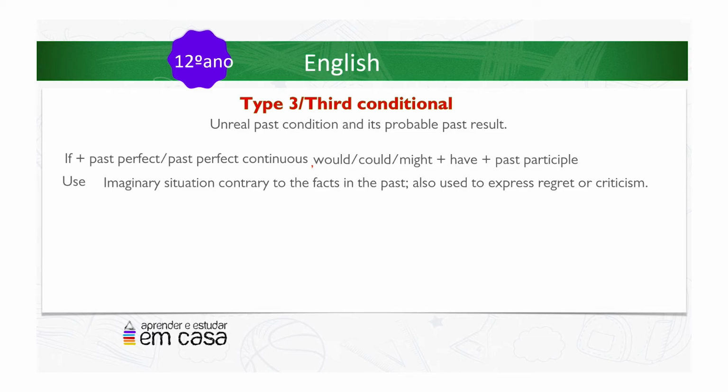But in the past, if I had seen you, then I give you the probable result: I would have greeted you. If you hadn't lied to me before, I would have believed you. But the truth is I don't believe you because I know you lie.